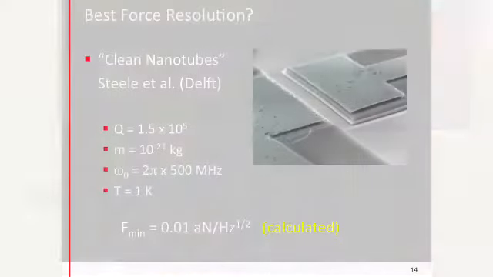There's been a lot of recent work in mechanically measuring things like nanotubes and nanowires. Just taking from a recent publication, I'm not sure if it was in Science or Nature, there was a paper from the Delft group on clean nanotubes where they were measuring some nanotubes across some bridges. And they measured some properties of these nanotubes, like the quality factor, the mass, and the resonant frequency.